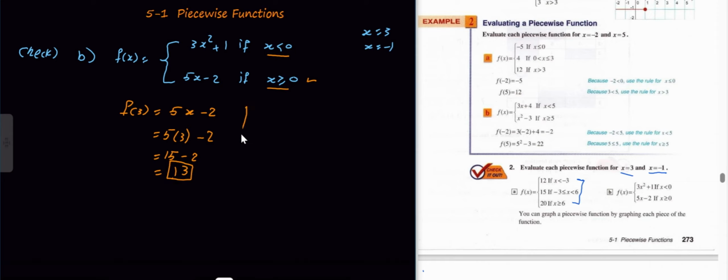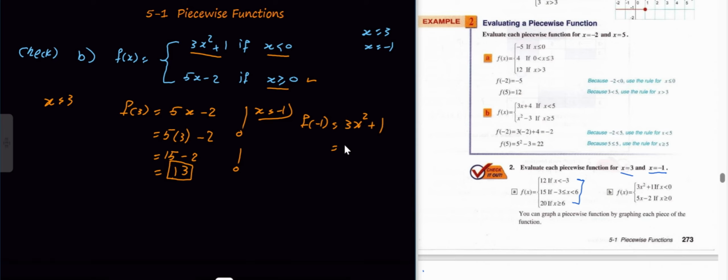What about x equals -1? How can we put it? So -1 is less than 0, so the first function will be our solution. f of -1 equals 3x to the power 2 plus 1.